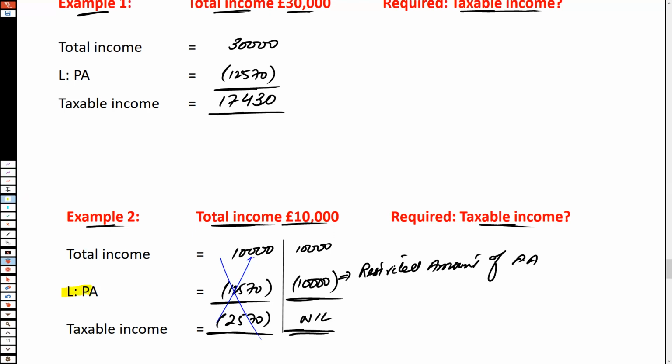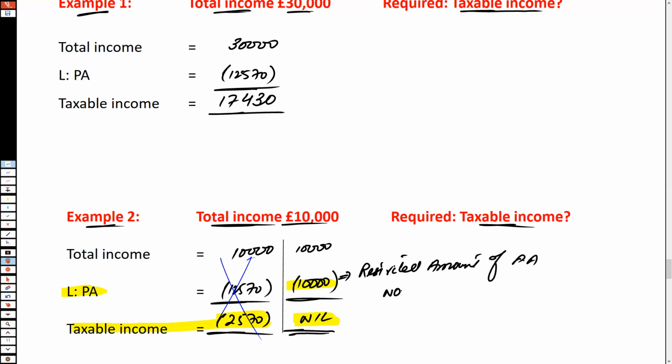Personal allowance can reduce your taxable income to nil, but cannot create a negative figure. Any relief, any allowance, anything in taxation would lead the positive income to nil, but cannot create a negative figure.